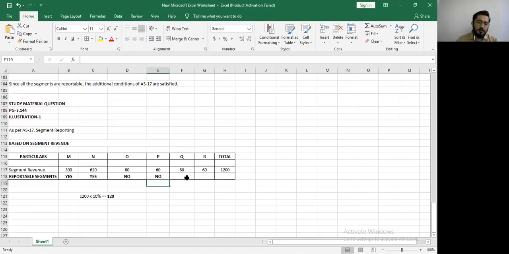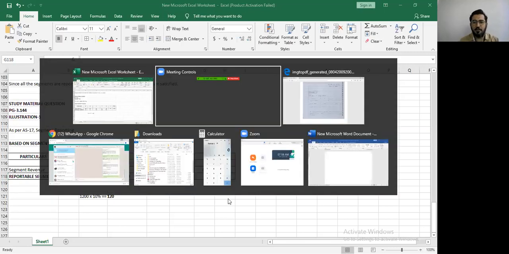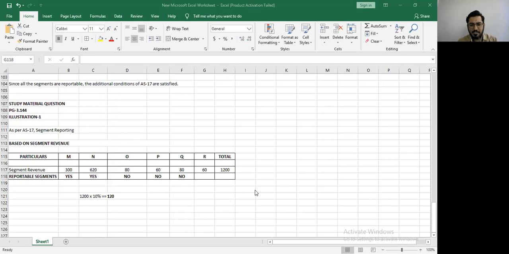Not reportable. Your 10% criteria is 120. Segment Q has 80, so no disclosures required. And finally, what about segment R? Is segment R reportable? Again, not reportable.